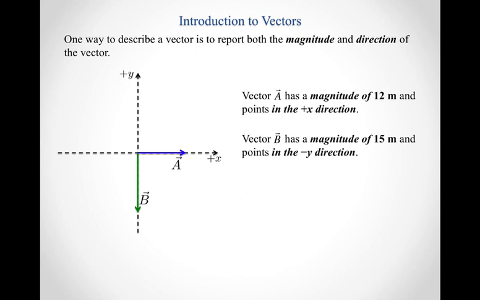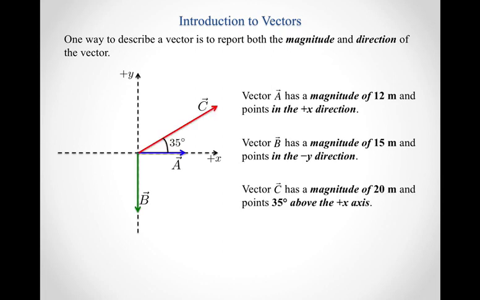Vector B has a magnitude of 15 meters, so notice B is a little bit longer than A, and it points in negative y. Vector C has a magnitude of 20 meters and points at an angle 35 degrees above the positive x-axis. So all of these are simply ways of telling you what vectors A, B, and C are by telling you, A, their magnitude, and B, their direction.